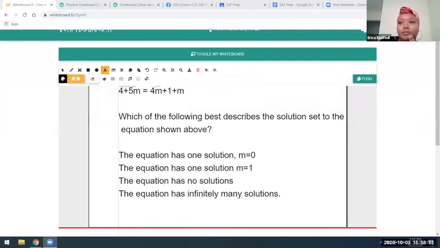So the problem is 4 plus 5m equals 4m plus 1 plus m. I'm going to give you a few seconds to write that down on your paper or your notebook, and then I will start to do it. I'm actually going to get some water really quickly because I've been talking a lot, so give me 1 second.